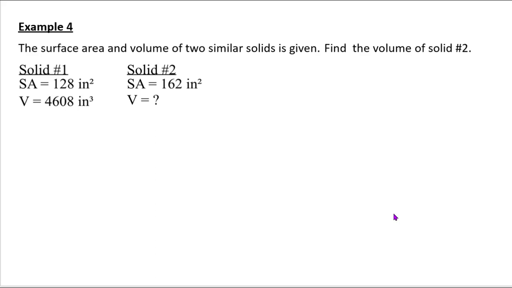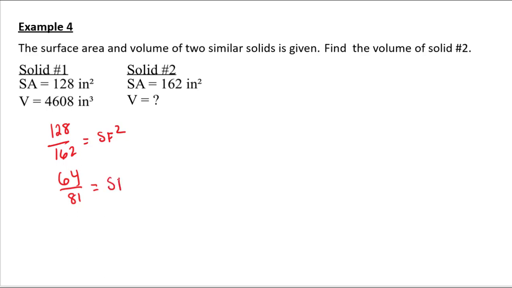Okay, our last example. Hopefully I can get through this one. The surface area and volume of two similar solids is given. Find the volume of solid number 2. Okay, so 128 over 162 is equal to my scale factor squared. I reduce this fraction in my calculator, and I get 64 over 81.